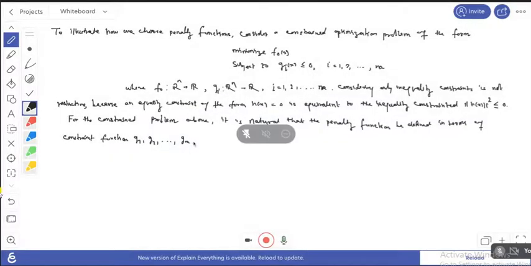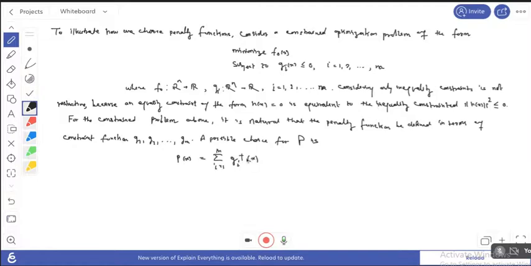So a possible form for this penalty function p is, where i varies from 1 to m, the number of constraints, we write the sum of gi plus of x.